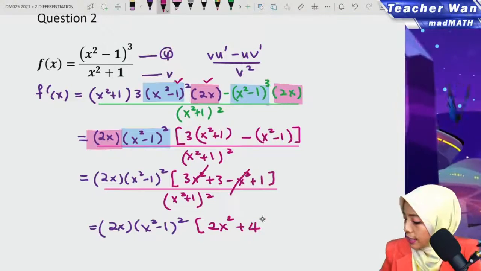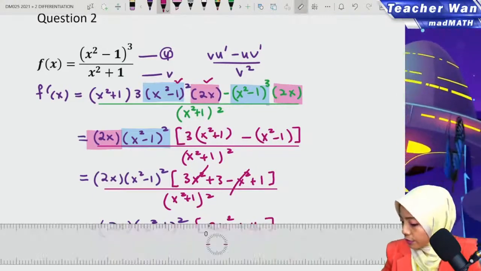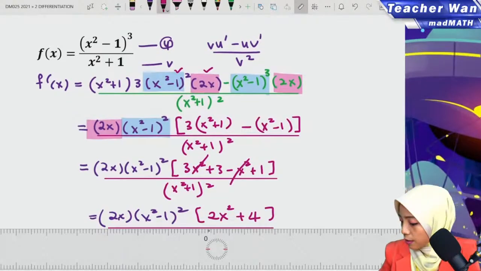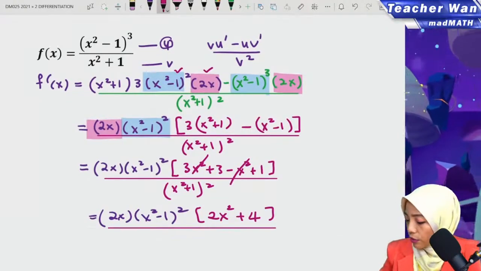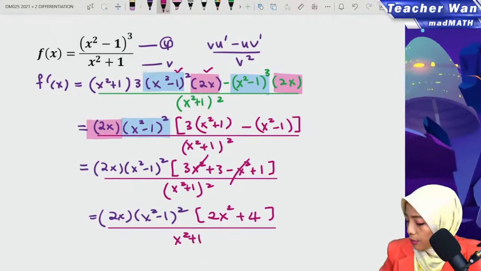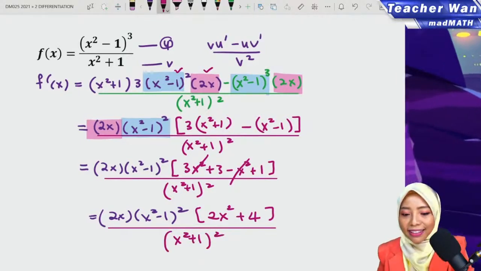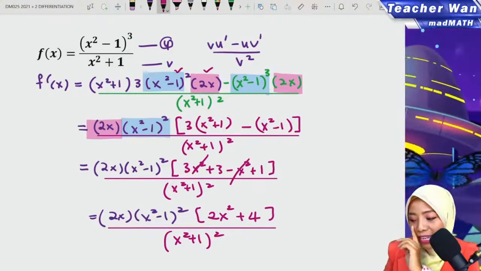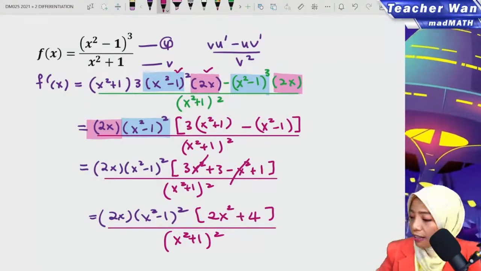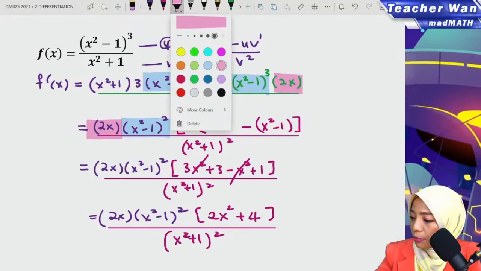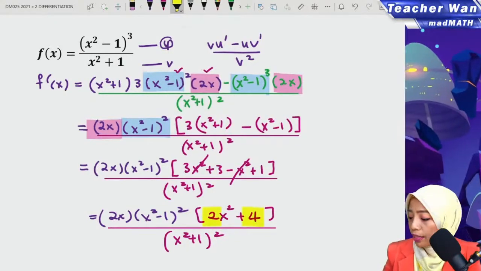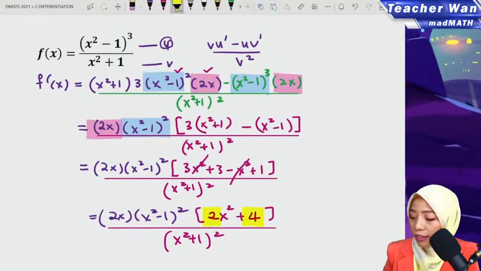Over with x square plus 1 square. Do you have to do anything else? Yes, because 2 and 4 can be factored out. Let me highlight it for you. We have 2 and 4. We can take that out, the common factor, 2.